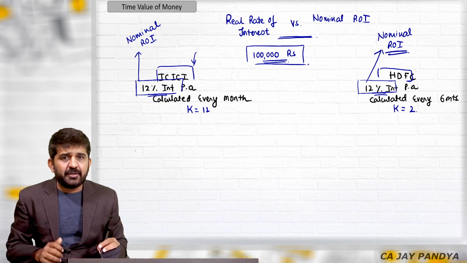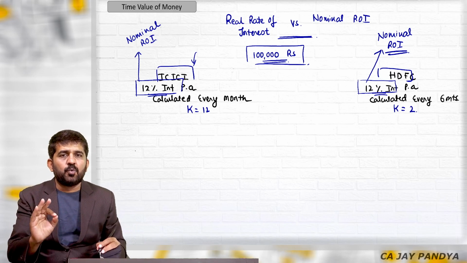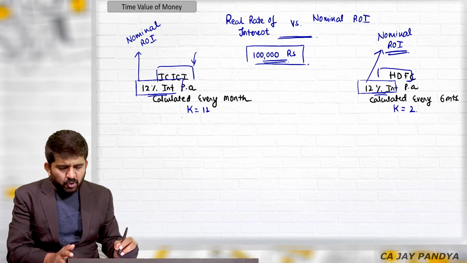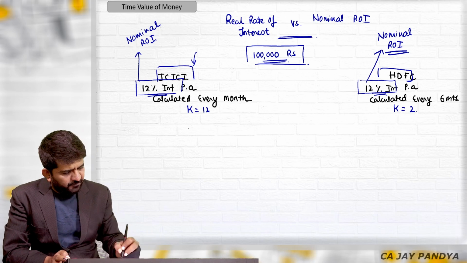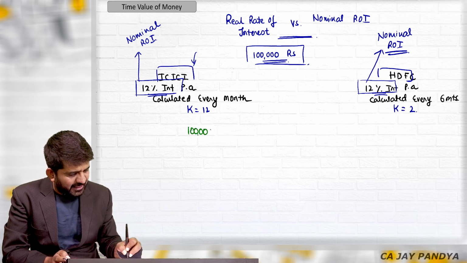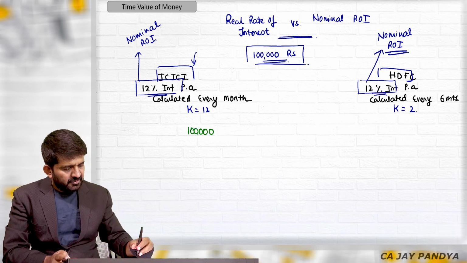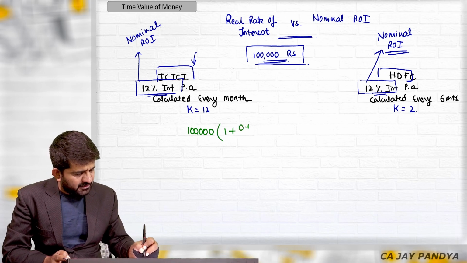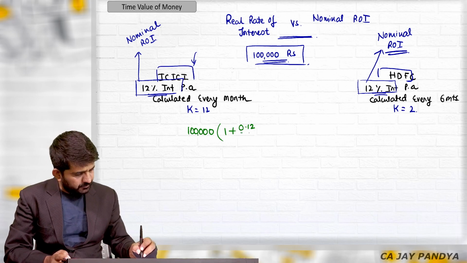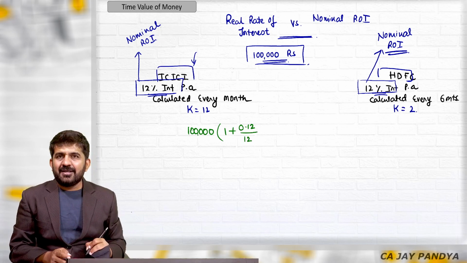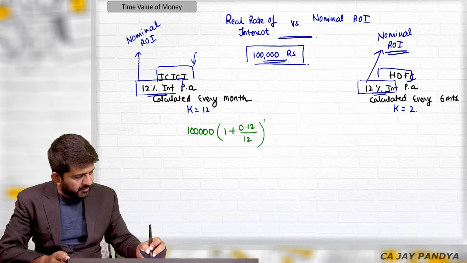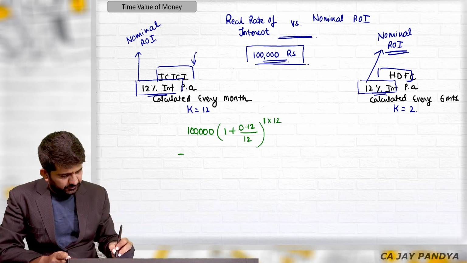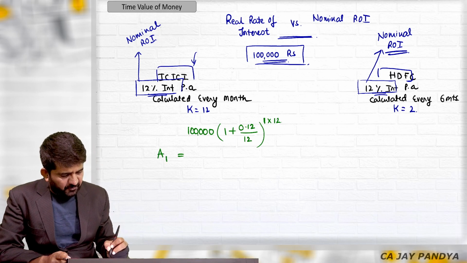Let me prove it from the point of view of numerics. Let us take what amount we will be getting after 1 year if we invest 1 lakh rupees in ICICI Bank. 1 lakh into 1 plus 0.12 raised to 12, because there is a K in the picture. Number of years is 1 into 12. This is the amount after 1 year.